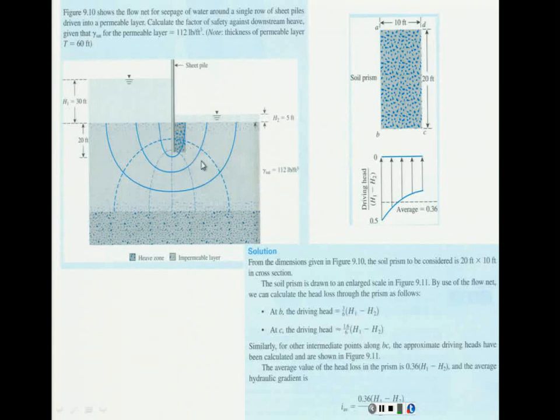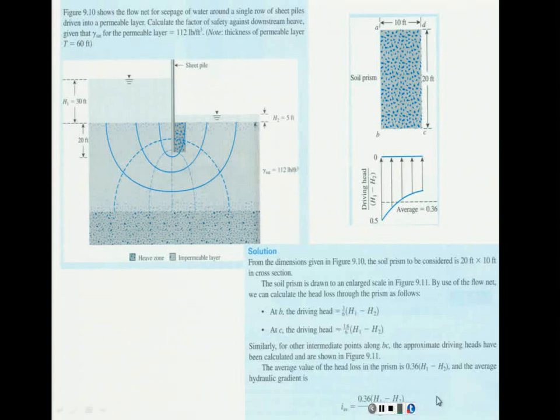Or you can start from this point and say 1, 2, 3, 4, 4.4. And then you see 6 minus 4.4, 1.6 out of 6, H1 minus H2. Once you have that, basically you have the head at this point and you have the head at this point, and that allows you to calculate the hydraulic gradient.